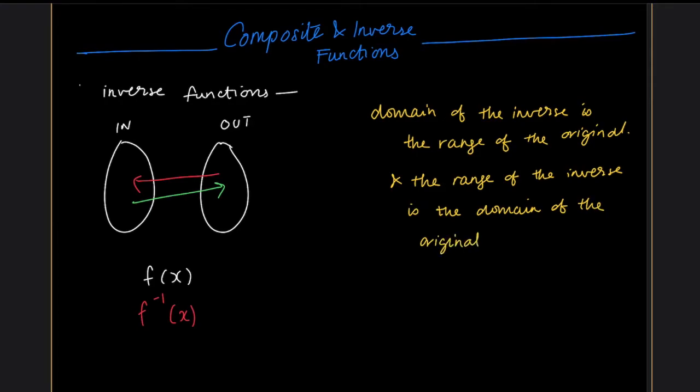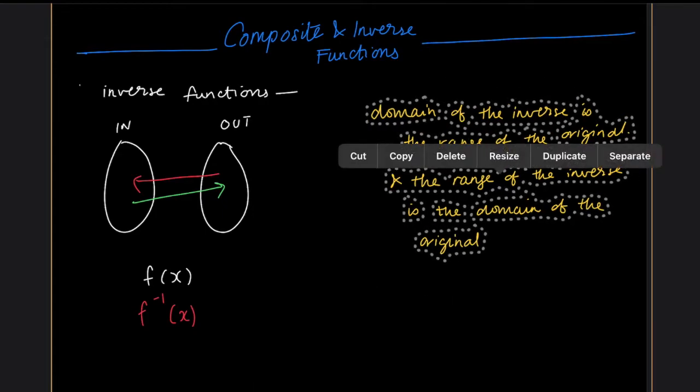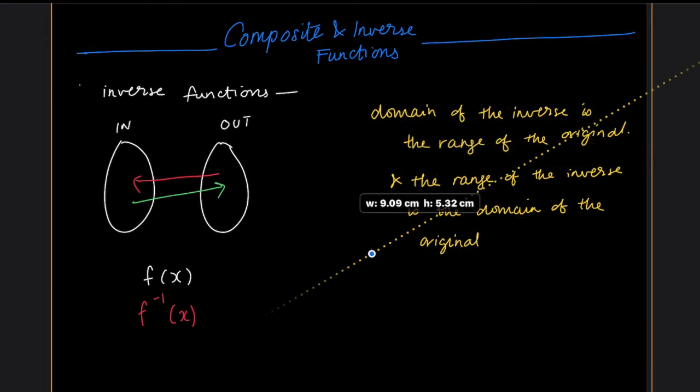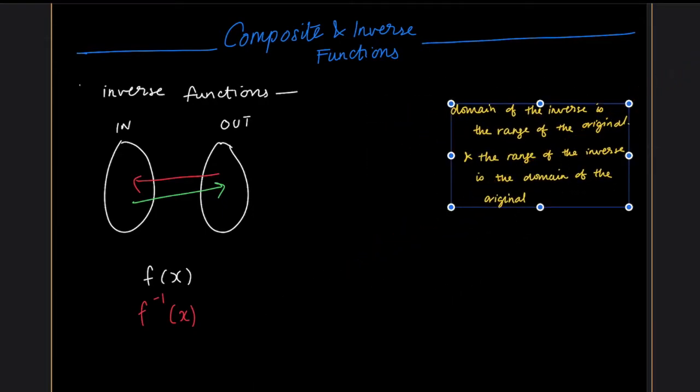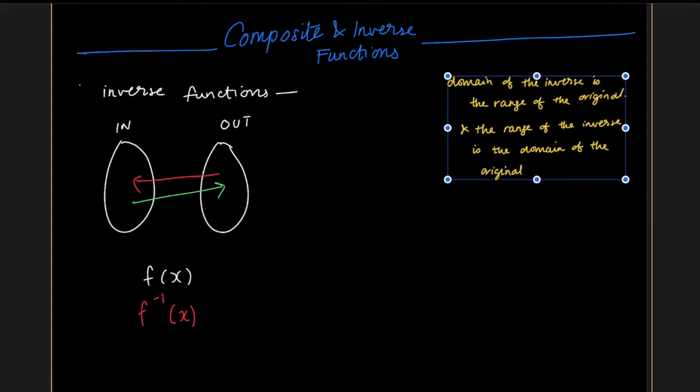I hope this makes sense, because if you're switching the inputs and the outputs, obviously the domain and range will change, but the convenient thing is they just switch around. So if you know the domain and range for the original, you basically have the domain and range for both of them. I hope that makes sense.